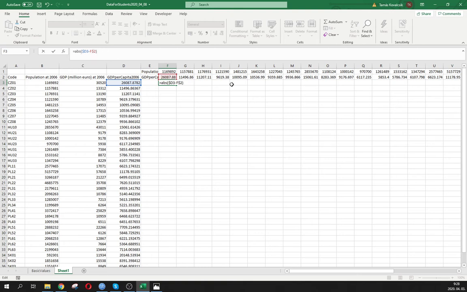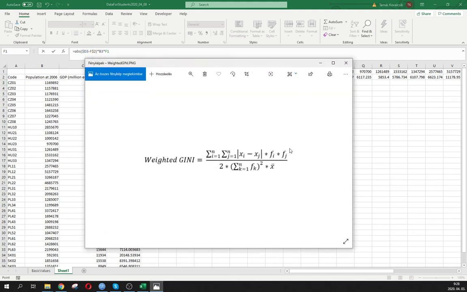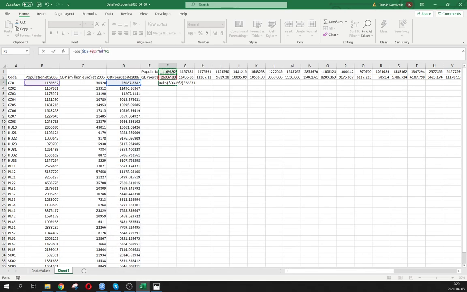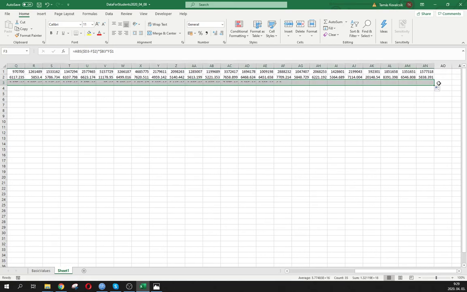And multiply by the weight, the population, and the population as well, because we have the Fi and Fj population weights, and we have to multiply by these numbers and fix also the column and the row sign, and that's it. And calculate all of the cells of the matrix.